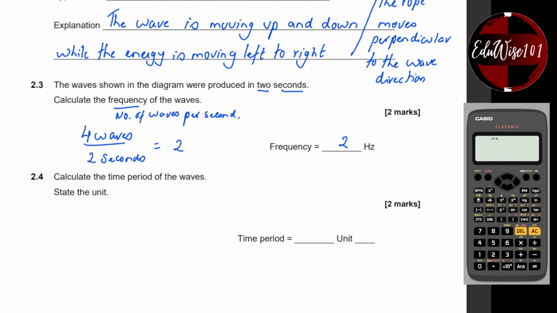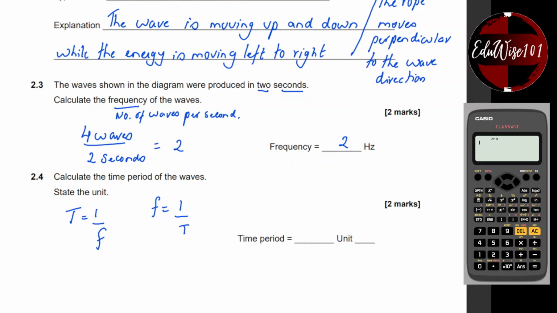Calculate the time period of the wave. Time period is given by the equation T equals 1 over f. We don't really need to rearrange it.